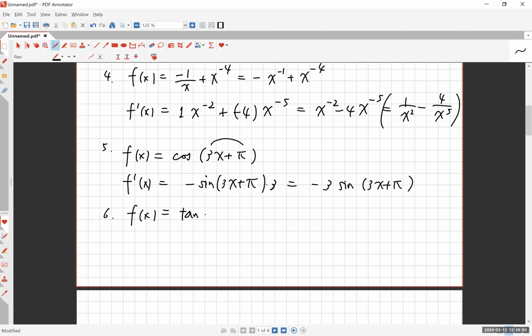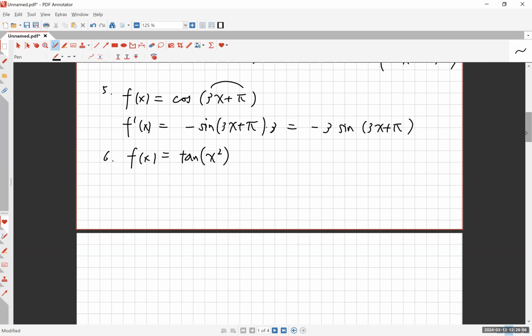Number 6, tangent of x squared. Now, this is not the same as tangent squared of x, right? It's tangent of x squared. So first, we take the derivative of the tangent function, that's secant squared of whatever is inside. And then you multiply this according to the chain rule by the derivative of the inside function, which is, of course, 2x.